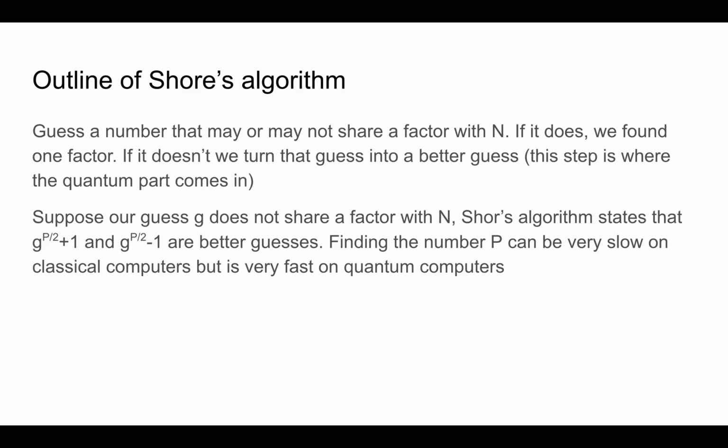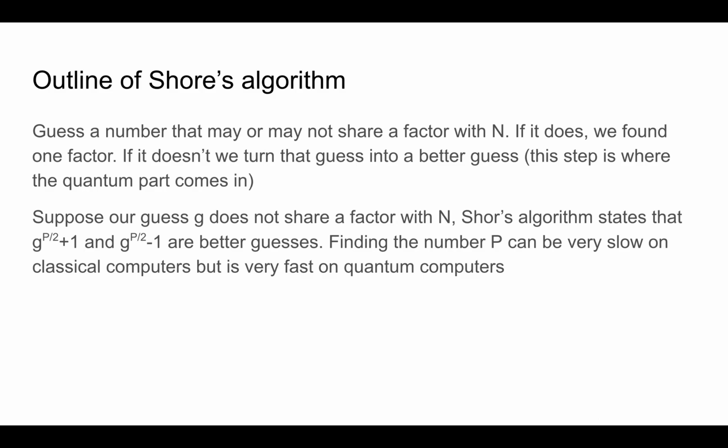So if the GCD is not 1, that means we found a common factor. However, if it is 1, this is where Shor's algorithm comes in to turn the guess into a better guess. Specifically, Shor's algorithm states that for every guess g that does not share a factor with n, g to the power of p over 2 plus 1 and g to the power of p over 2 minus 1 are better guesses.